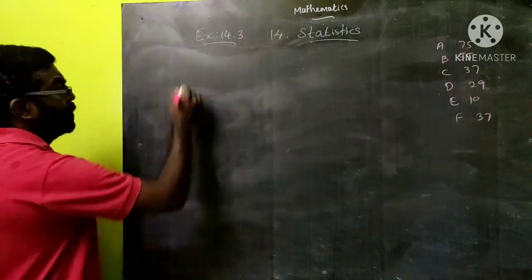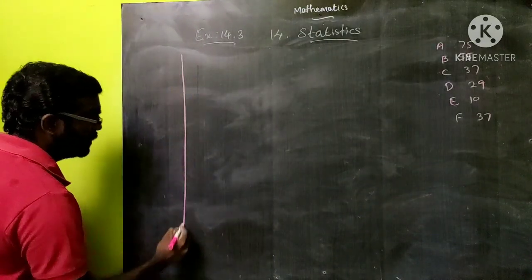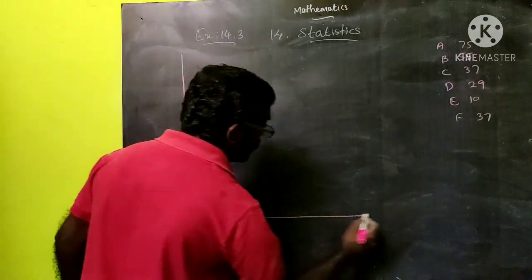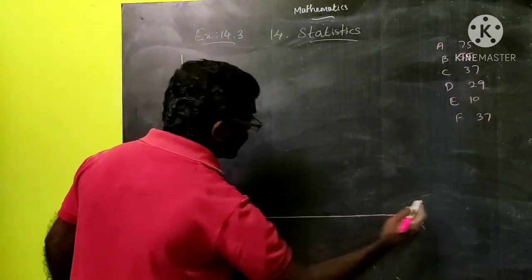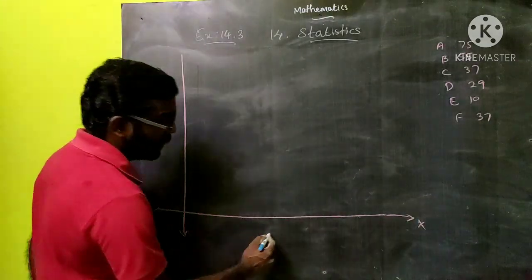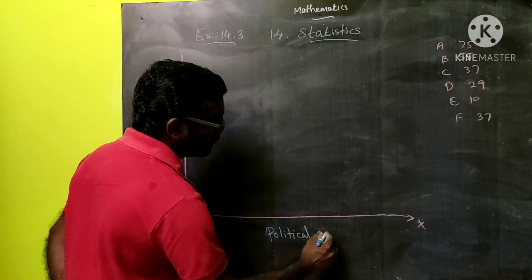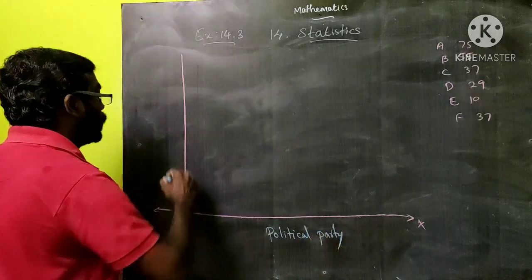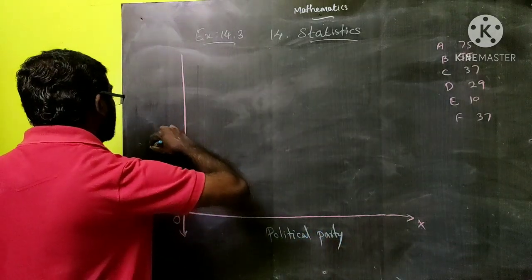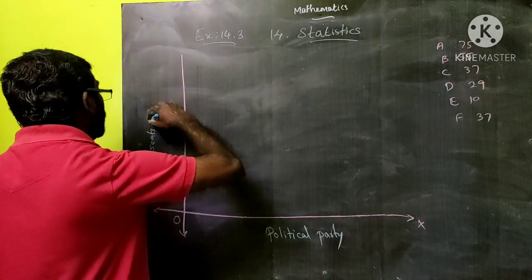Right. So we can draw the axis, x-axis. Here on the x-axis we can write the political parties, and on the y-axis we can write the seats won.